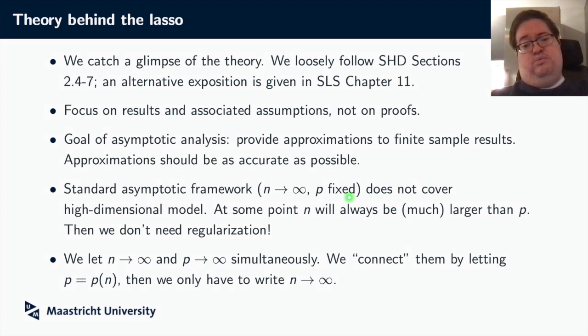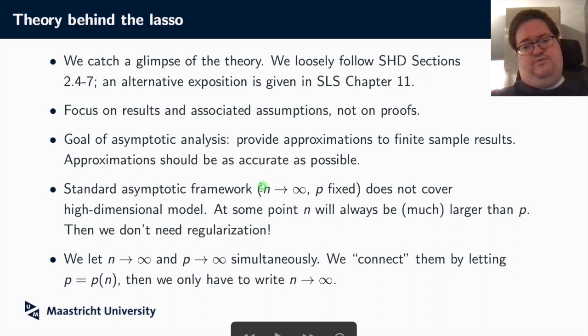In high-dimensional models, as we saw when we looked at the curse of dimensionality, the problem was that p is large relative to n, and then everything goes wrong. But if you use this asymptotic framework, where n goes to infinity while p is fixed, then you will always reach the point where n is much larger than p. You might start off with p equal to 1 million, but infinity is much larger than 1 million.